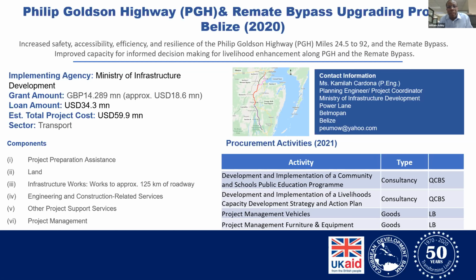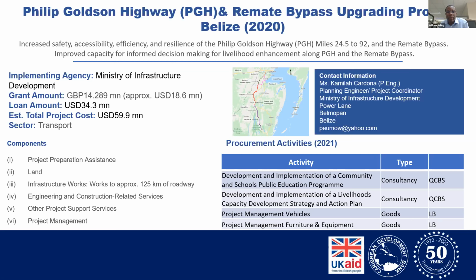There are often a lot of other things that have to be done in order to achieve successful outcomes of these projects. And in Belize, we've been doing a lot on road safety. So this project also includes components which help to build on that sort of work that's been happening in Belize.